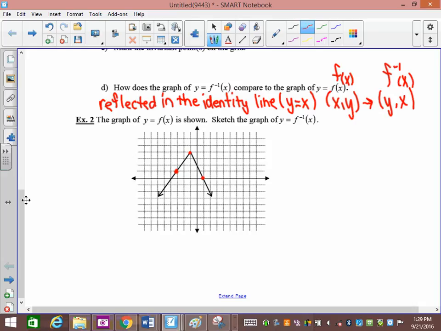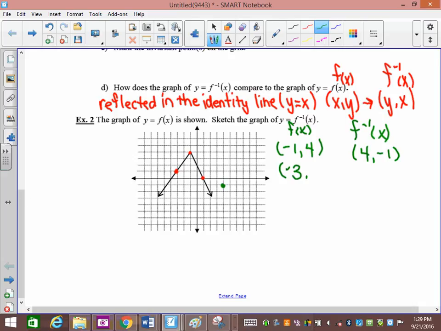So I'm going to draw the graph. Let's get (-1, 4) for f of x. So for the inverse of x, it's going to be at (4, -1). It's your x and y swapped. Don't change signs. People think you need to change signs. You don't need to. Just flip x and y. Then another point I have is (1, -3) on the original.